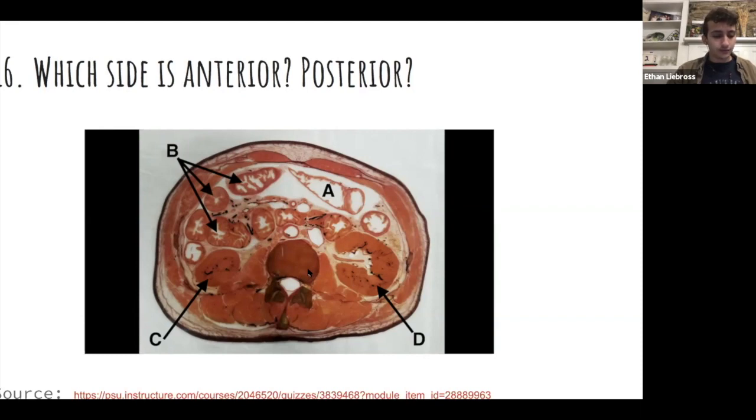The spine is posterior, and there's a number of structures that are anterior. So over here we have the kidneys, we have intestines, and over here we can even see that there are some vessels running more anteriorly. So that kind of helps orient yourself a little bit.